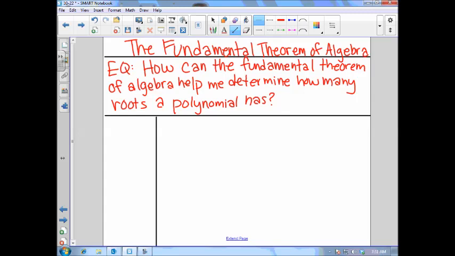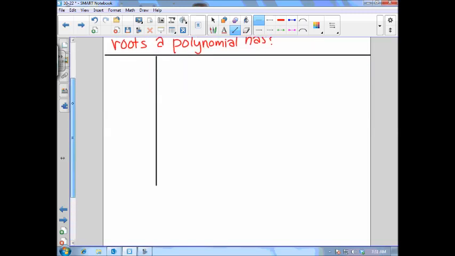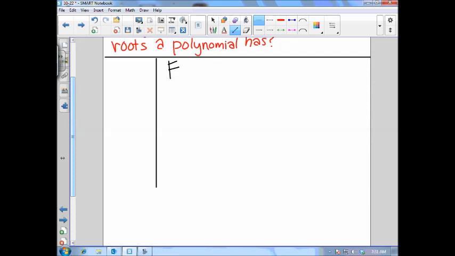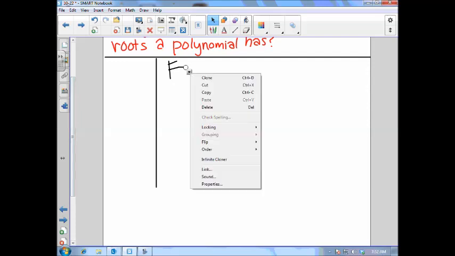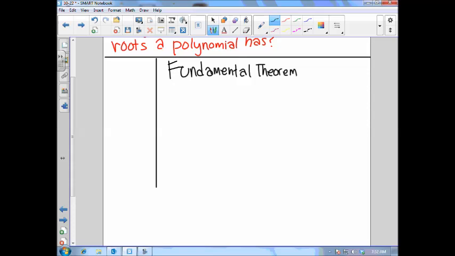Okay, would everyone open up your books, please, to page 296. On page 296, it gives the definition of the fundamental theorem of algebra.